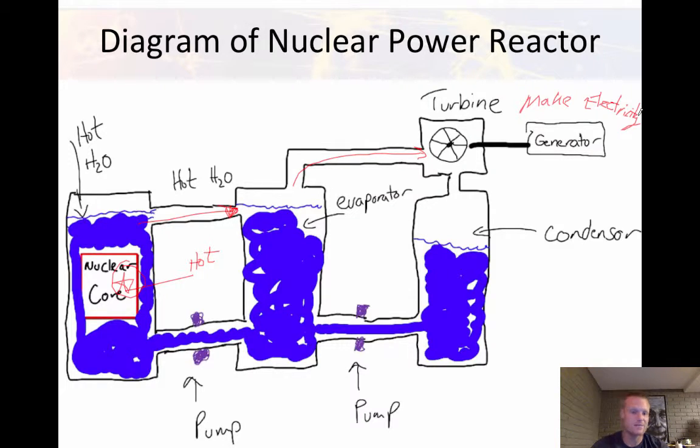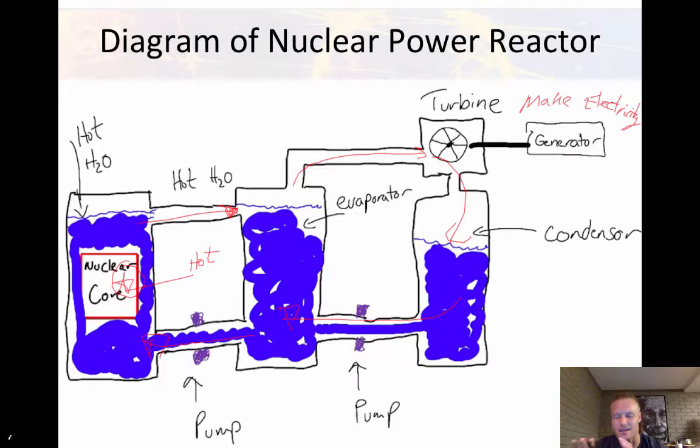Basically that's what's happened here. Instead of using coal, though, we're using nuclear reactions to cause this turbine to spin. So what does the water do once it's gone through the turbine? Well, it cools and condenses in this condenser back to normal water again. And so it goes down here, and then it gets pushed over here by a pump, and then moved back into the area where the nuclear core is, to be reheated and keep the process going.